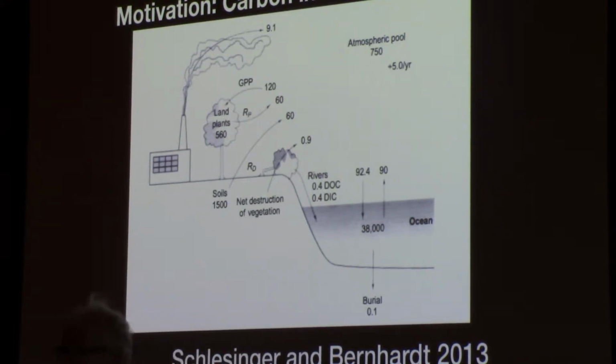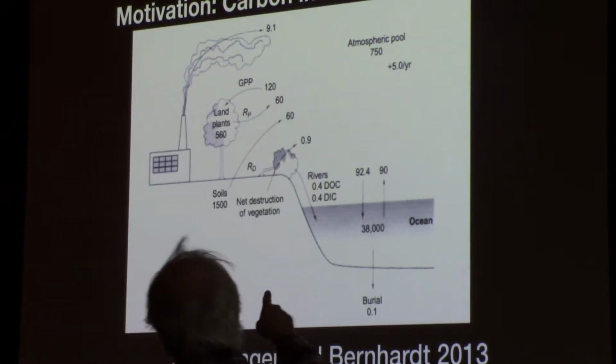So that would include microbes in the soils, and that's mostly where the decomposition occurs. But it would also include animals that are feeding on material that's produced by land plants as well. Okay? So it's pretty close to being in balance, but I'll show you that it's not quite perfectly in balance. Same kind of things happening in the oceans.